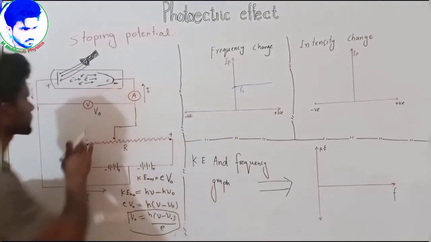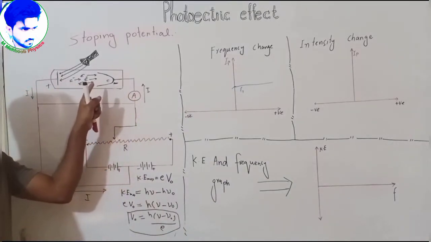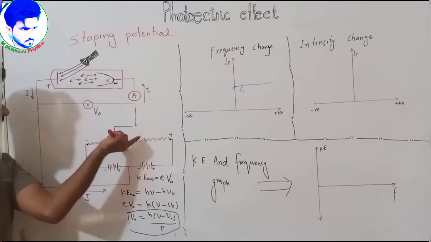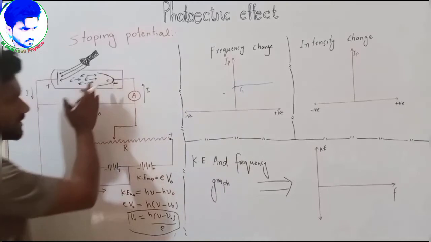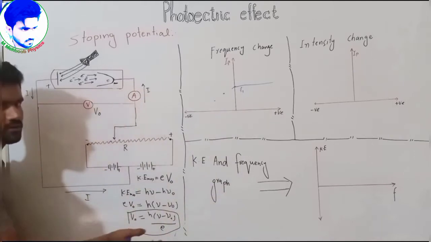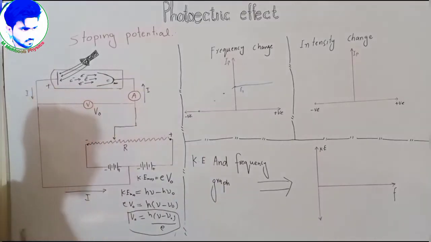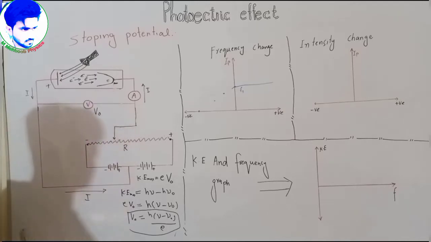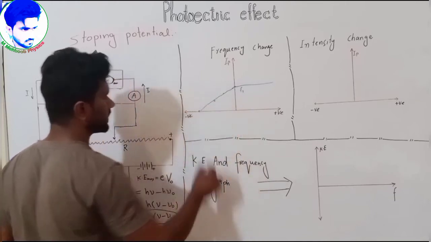When we make this terminal negative, we don't want the electrons to reach that plate. When we move this terminal toward the negative point, some of the electrons stop. When we move this terminal further toward negative, more electrons will stop. And when we move to that point, let's suppose, then all the electrons approaching that plate will cease, and it makes a graph like this.